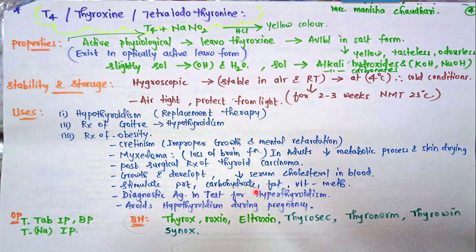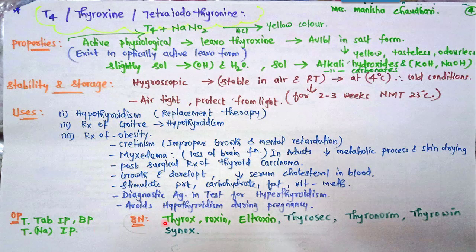Then coming towards the official preparations of thyroxine, official preparations are thyroxine tablet, IP and BP, and another is thyroxine sodium tablet or thyroxine sodium salt form, which is officially in IP. So it is thyroxine tablet IP and BP, thyroxine sodium BP.